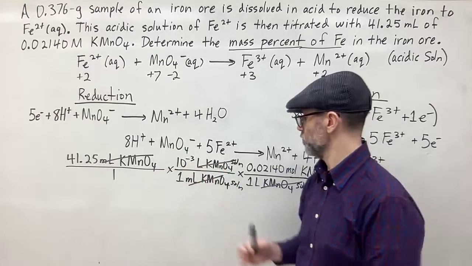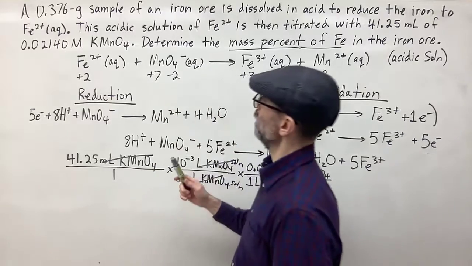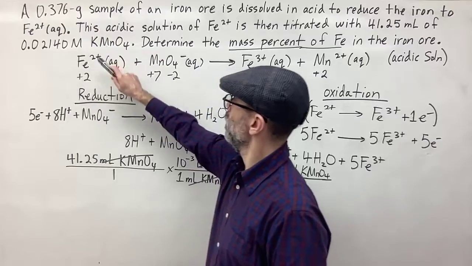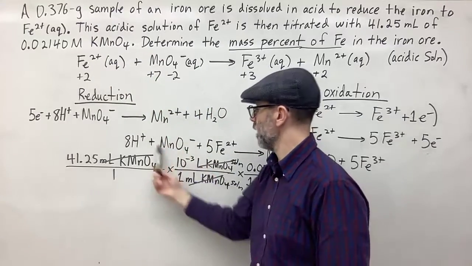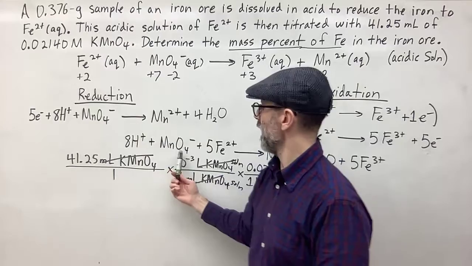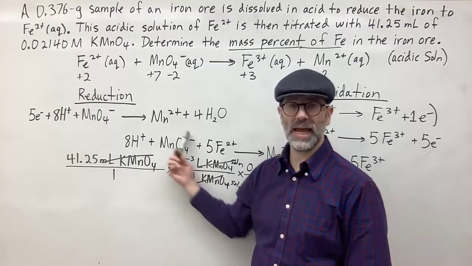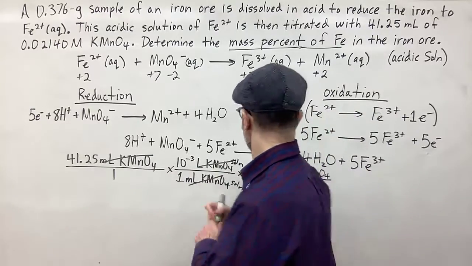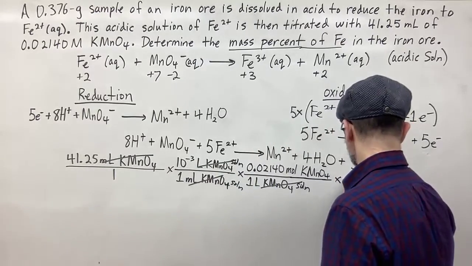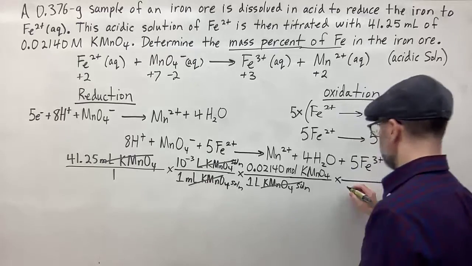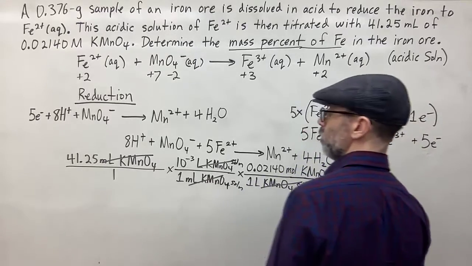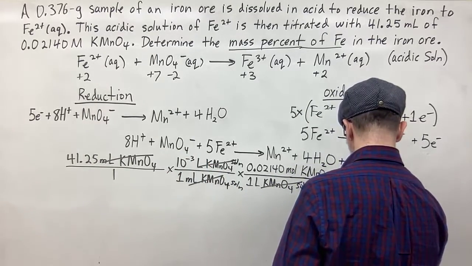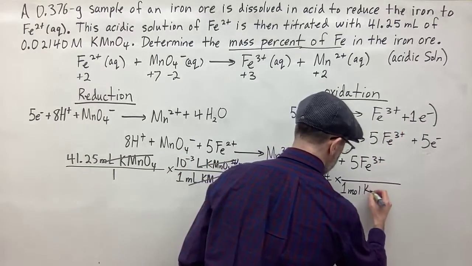So we're going to use that ratio. And keep in mind that for every one KMnO4, you get one MnO4. So it doesn't matter if it's MnO4 or KMnO4, it's the same ratio. So I'm going to write my mole ratio. On the bottom, I'm going to put 1 mole of the KMnO4.